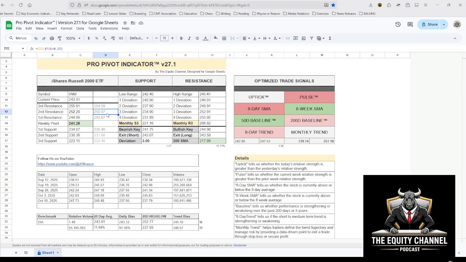Risk management that's based on the average true range is factoring in the volatility of the actual asset that you're trading.